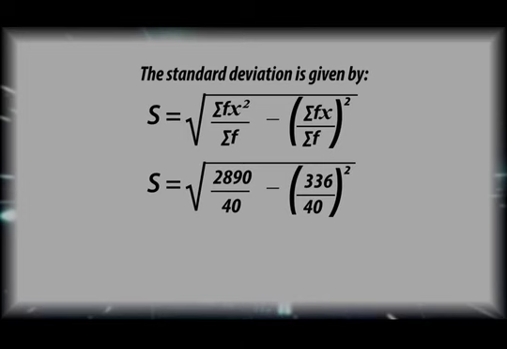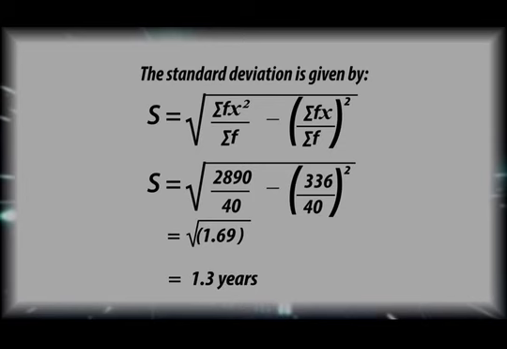And we are supposed to take the square root of all this. So you work everything first, and then you take the square root. So we have a standard deviation to be equal to the square root of 1.69. And that gives us 1.3 years.